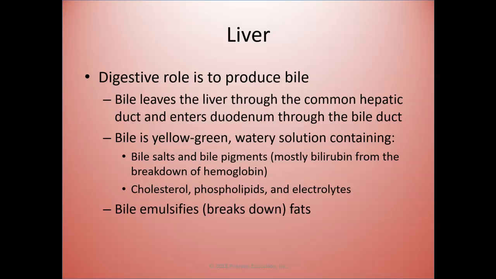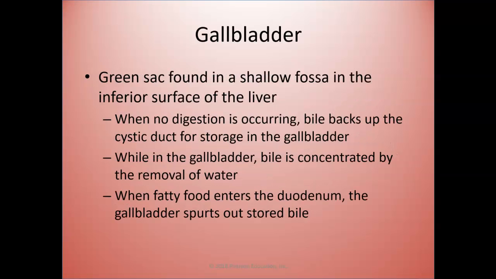Sometimes the gallbladder, which stores the bile, gets involved: bile backs up in the cystic duct for storage in the gallbladder, where it's concentrated by the removal of water. When fatty food enters the duodenum, the gallbladder spurts out the stored bile into the duodenum.